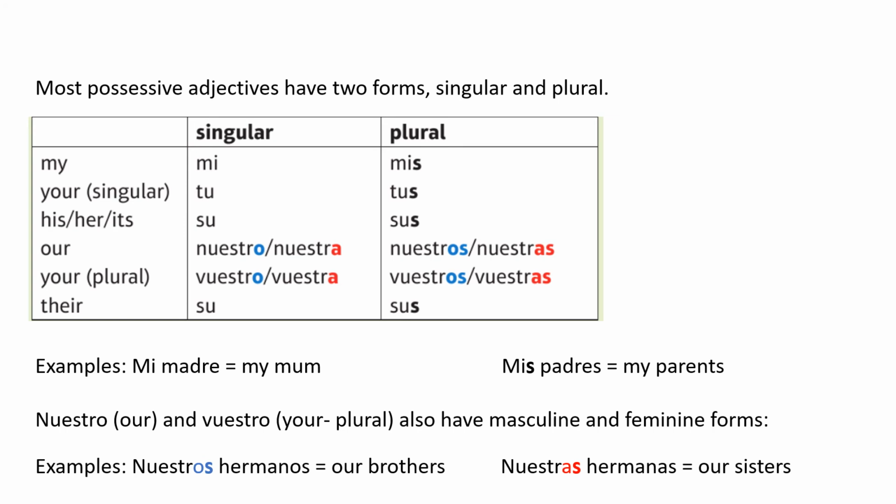Then if we directly compare that with this, our sisters is nuestras hermanas, S on the end because hermanas is plural, and as rather than os because sisters, hermanas, is feminine.